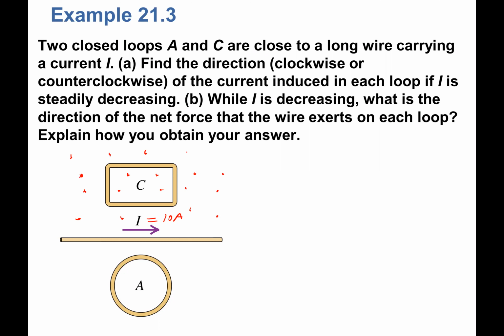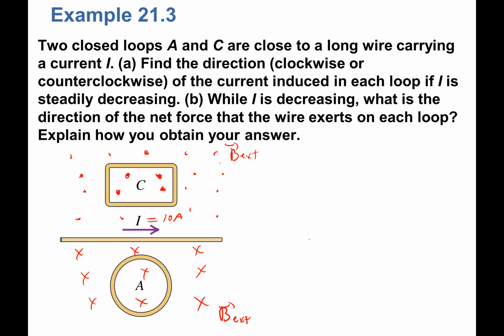So the magnetic field is everywhere out of the page. That means through the loop C, this external magnetic field generated from this wire will be out of the page. But everywhere below the wire, the magnetic field is into the page. You can think of this as B external, due to the wire. So for the loops C and A, that's the external magnetic field generated by the wire.